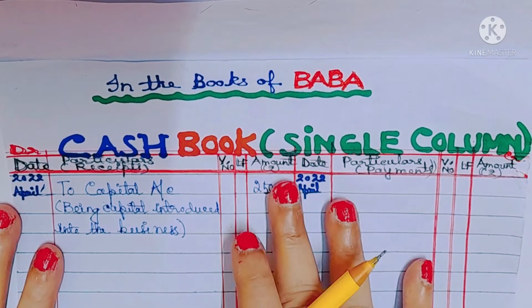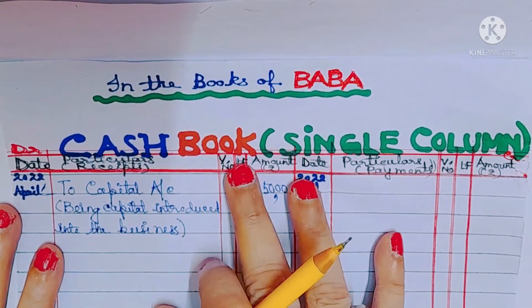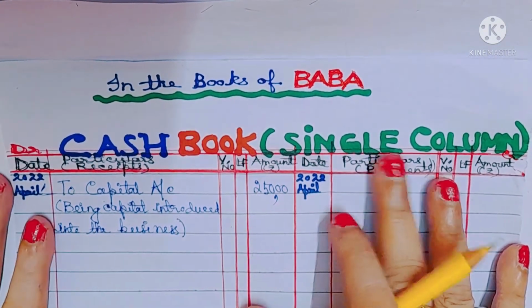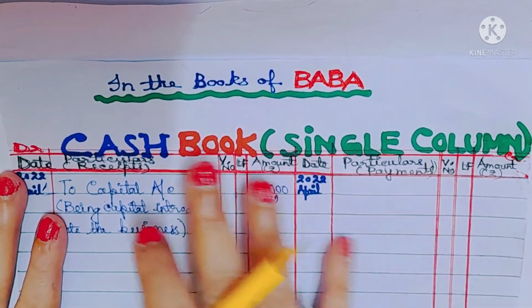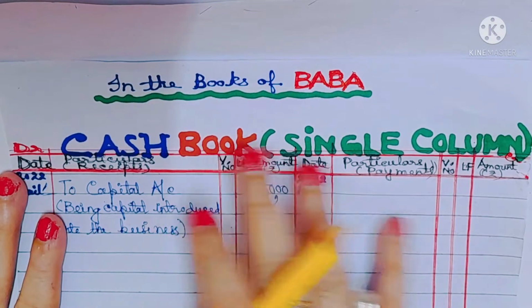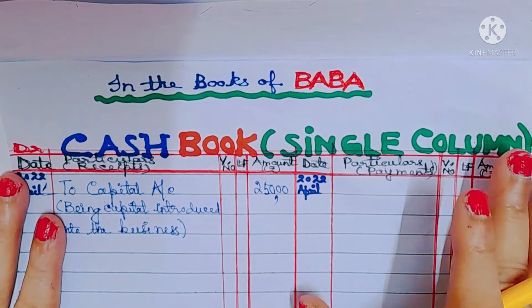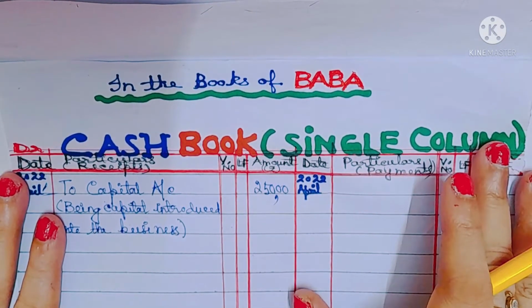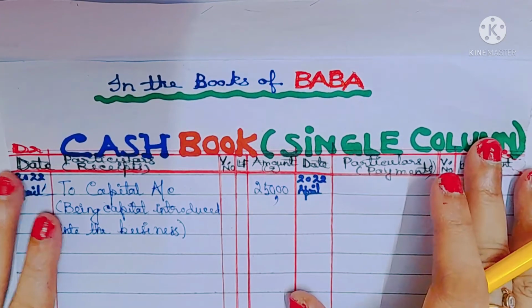Okay, so cash receipts are recorded on the debit side and cash payments are recorded on the credit side. Cash received will be recorded on the debit side and cash paid will be recorded on the credit side.